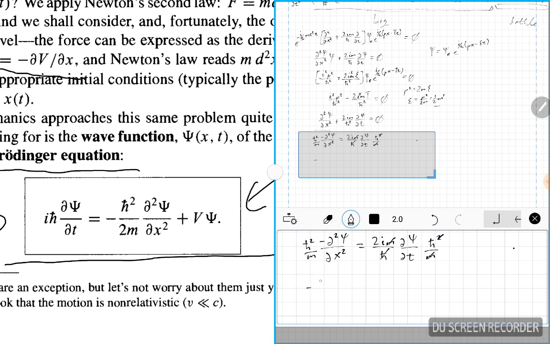So I have negative, oh yeah, let's divide both sides by 2 as well. So I have negative h bar squared over 2m times del squared times psi of x, squared, those canceled out, equals i times h bar times d psi dt.